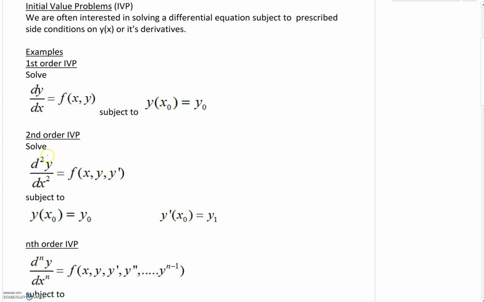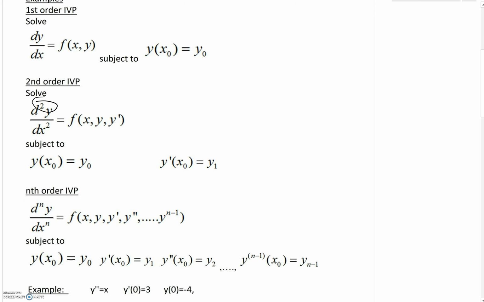So notice, with that second derivative, we're actually going to need two components. Likewise, if you had an nth order, the nth derivative, you'd have to have quite a few initial conditions: a y prime initial condition, a y double prime, all the way up to the derivative right before the nth derivative, the n minus 1 derivative.